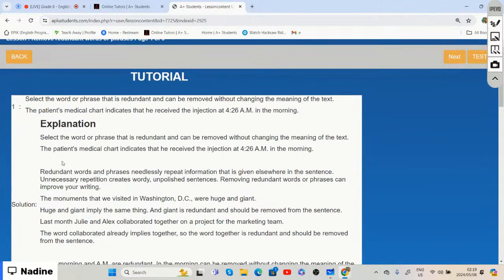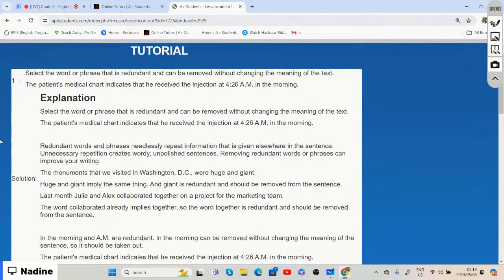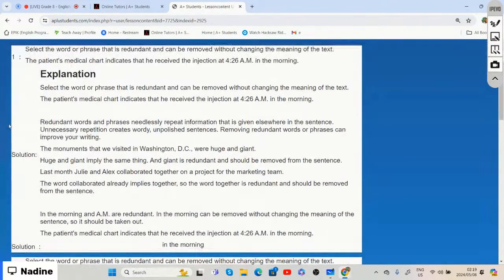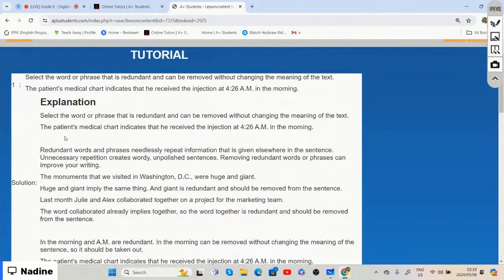All right. If we look at number one, it says the patient's medical chart indicates that he receives the injection at 4:26 in the morning.